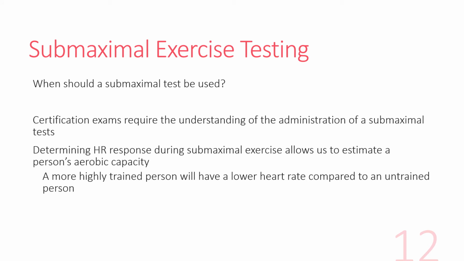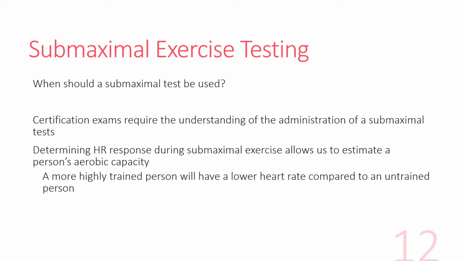Submaximal exercise tests can also be used as a way to estimate our Vo2max. While Vo2max testing through the use of indirect calorimetry, so using the treadmill, using the metabolic cart, all those things, is the most accurate way to determine maximal oxygen consumption, submaximal tests may actually be more practical because they don't require expensive equipment.